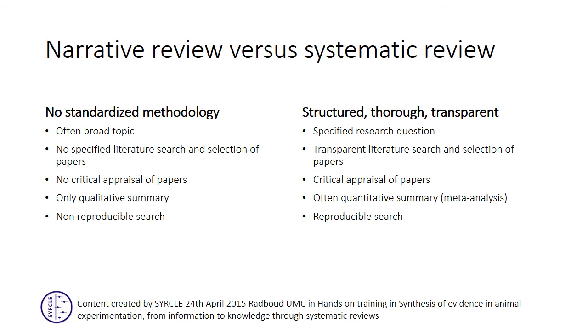This is the reverse situation for a systematic review. A systematic review addresses a very specific research question, and therefore transparency is present, and the selection of papers can be very well described.